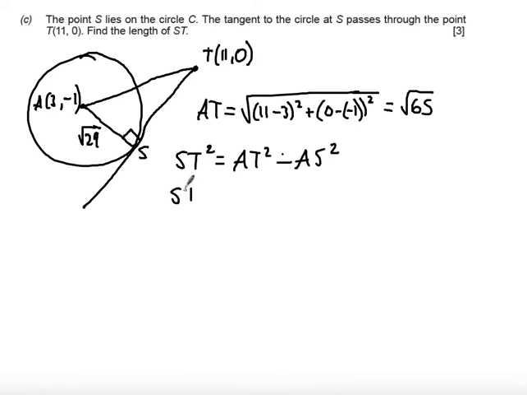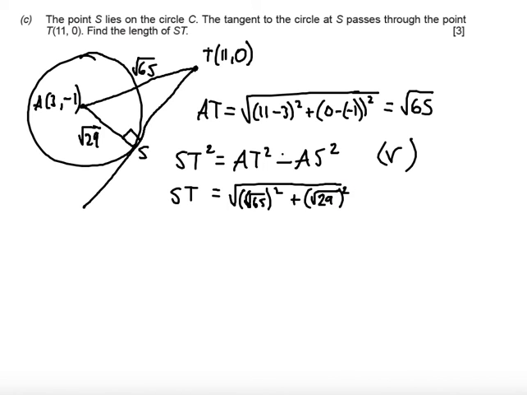So if I take square roots of both sides just to speed things up, AT squared, I've just found that that's root 65, so I've got root 65 squared minus AS squared, which is root 29 squared. Please remember that's not plus in the middle, so apologies, that's just force of habit from using Pythagoras. It's minus. So what we get is 65 minus 29, which is 36. Square root of 36 is 6.